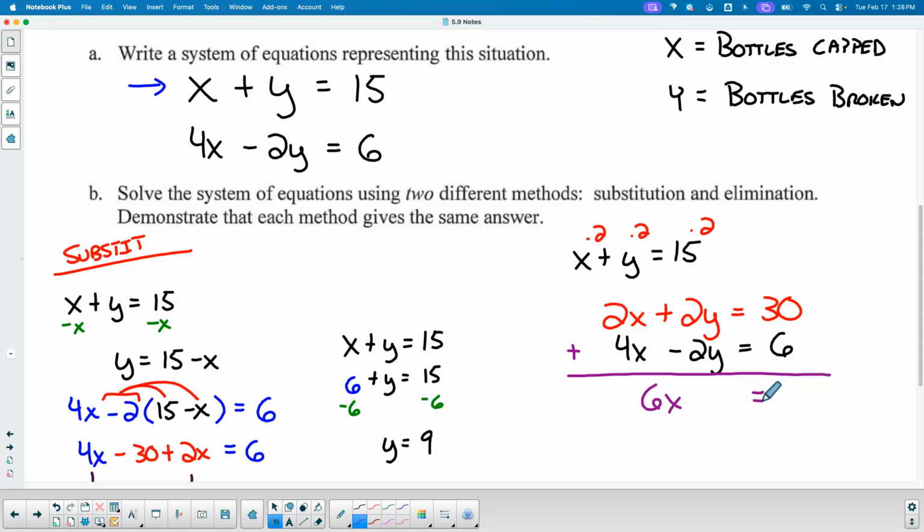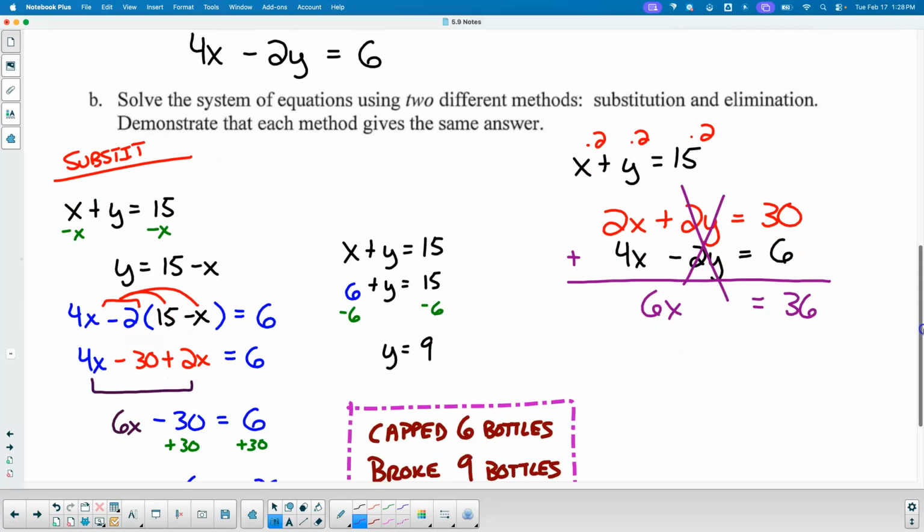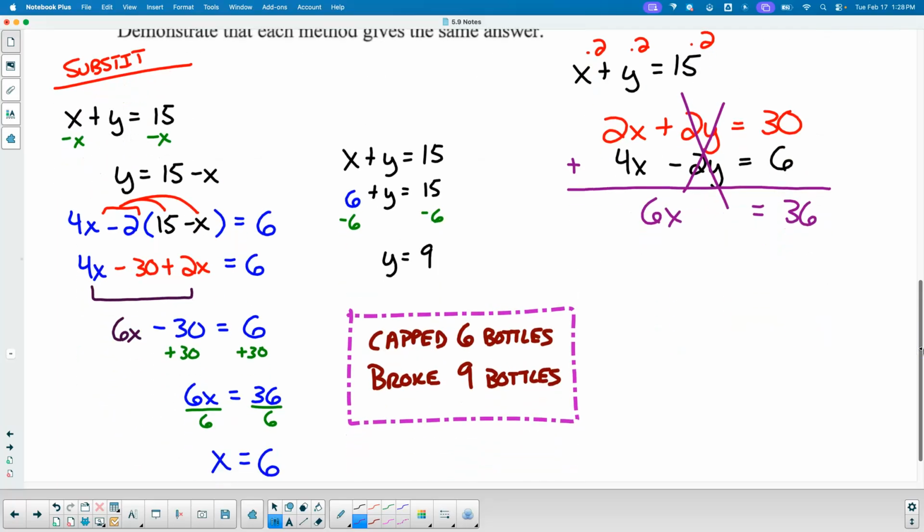That's the elimination. That's the one that made it go away. 30 plus 6 is 36. How would I solve 6x equals 36? Divide both by 6, and that would give me x equals 6.